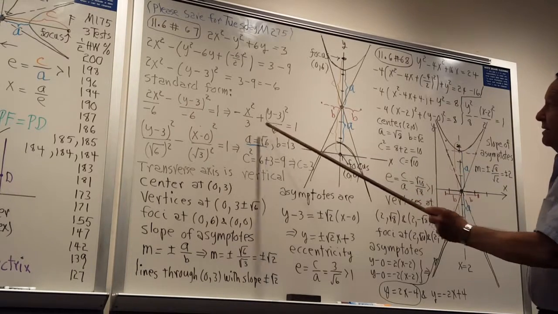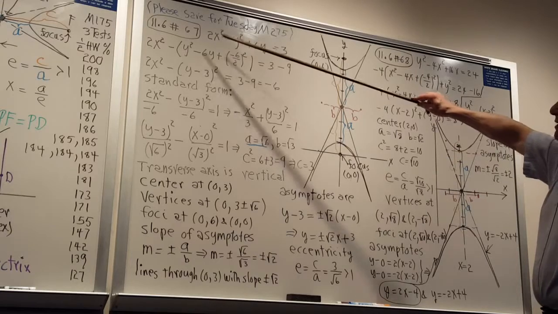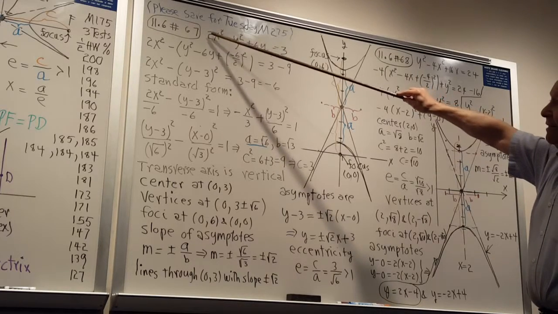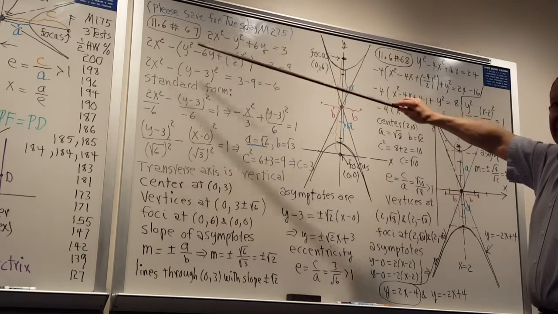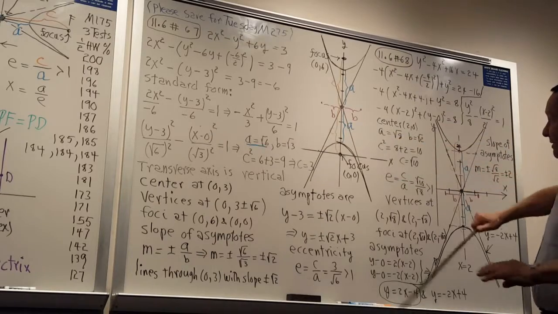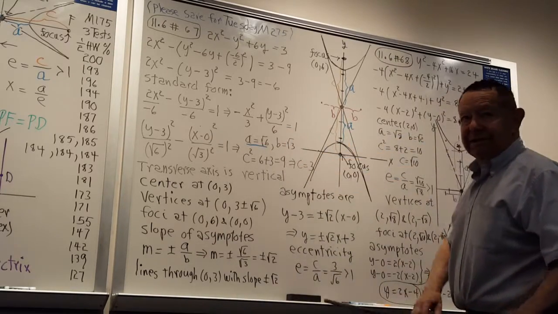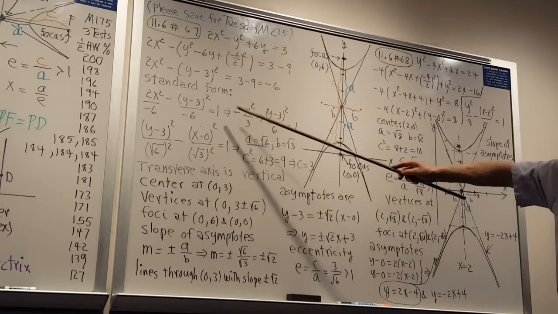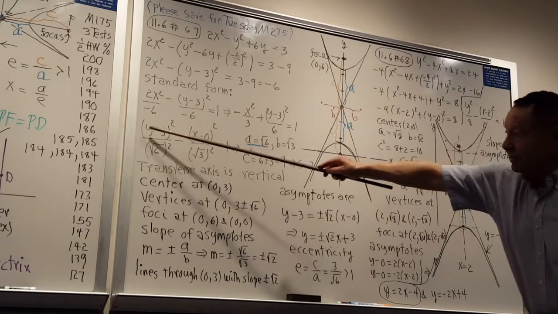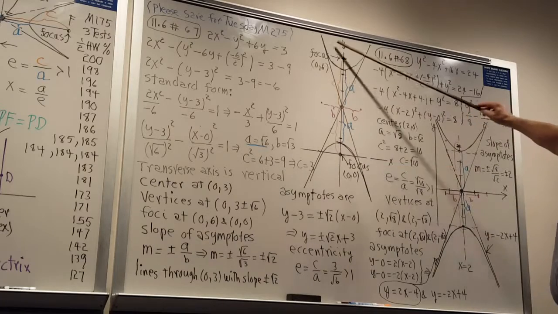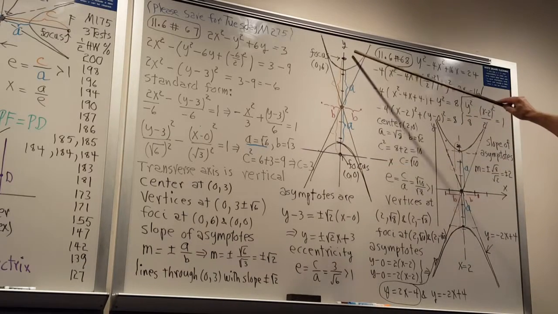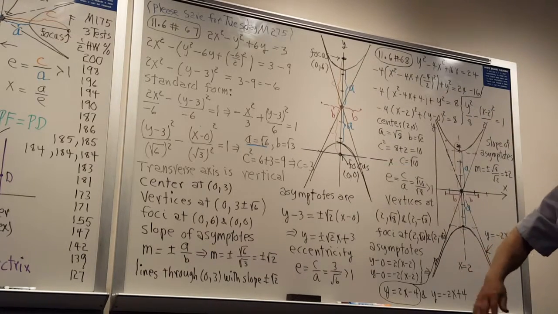So you might have started out thinking the x was what had the plus, and it was going to be a hyperbola this way, but it isn't, because when you get to standard form, the plus is with the y. So the transverse axis is vertical and not horizontal. See, these things can fool you.